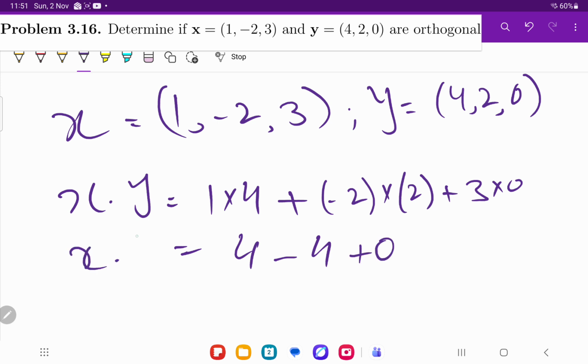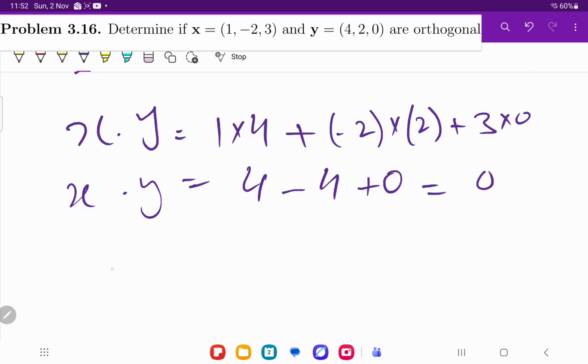So x dot y is 0, plus 4 minus 4. So it means that x is orthogonal to y. That is also the symbol denoting orthogonality. Okay, x is orthogonal to y.